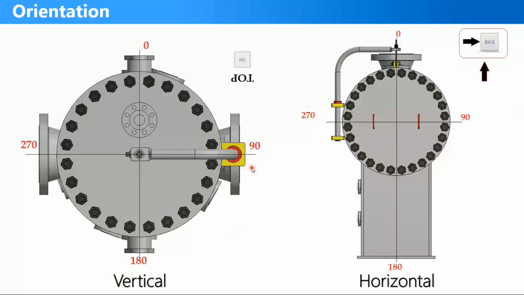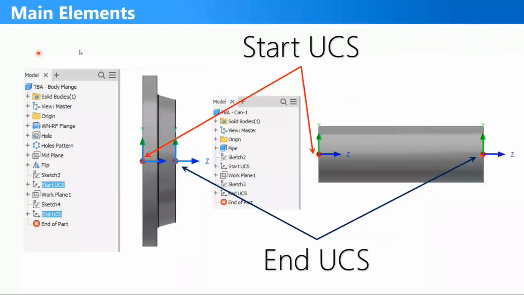Okay, another concept for the main elements: how to make an assembly in SEG by using the start and end UCS. Here we have a concept in SEG, which is user coordinate system. In each element, we have a start UCS and end UCS.